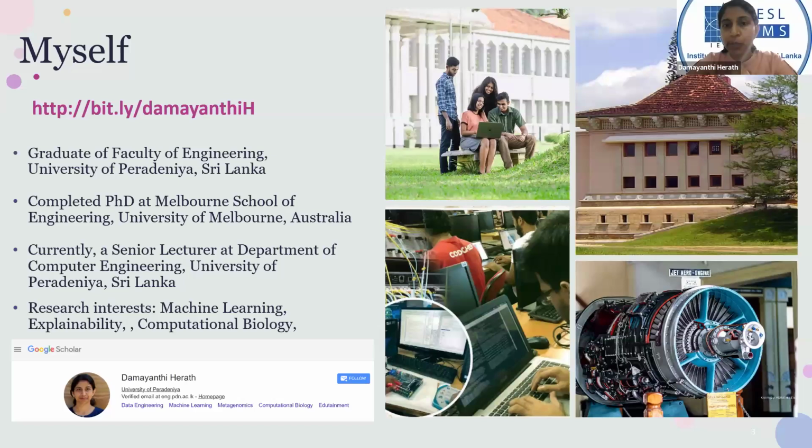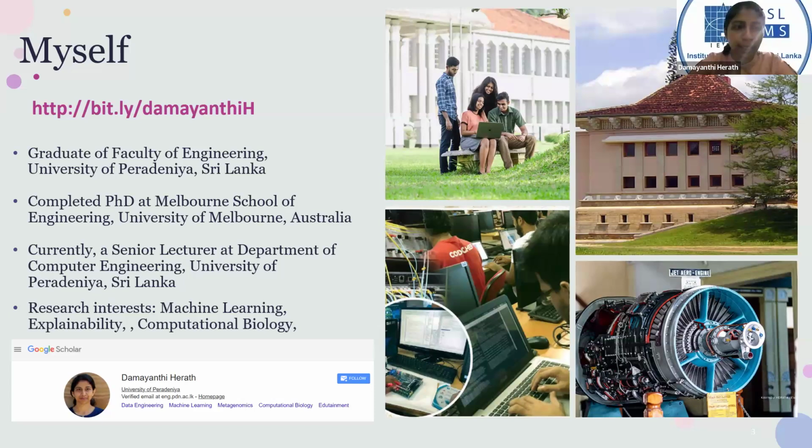To introduce myself, I'm Damayanti Herath, and I'm a graduate of the Faculty of Engineering, University of Peradeniya. After that, I completed my PhD at Melbourne School of Engineering, University of Melbourne in Australia. Currently, I'm at the University of Peradeniya.